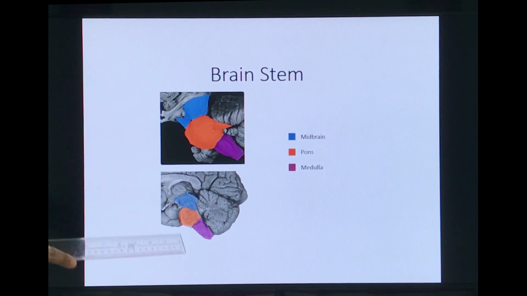This is a sagittal section, where you can see the location of the pons. Basically it is resting on, if you see the cranial cavity, the pons will be in relation to the clivus of the middle cranial fossa.